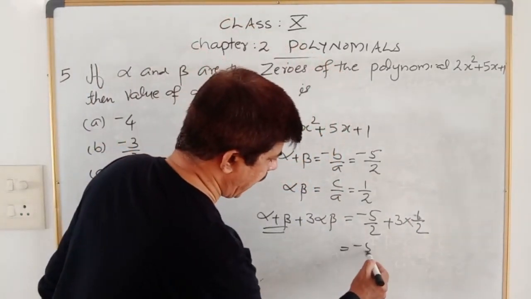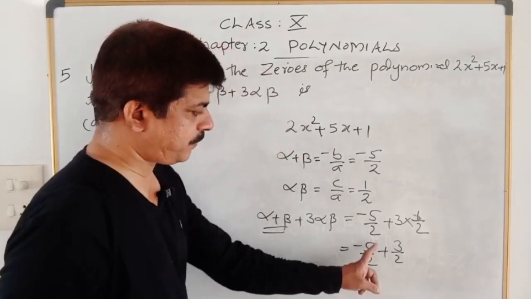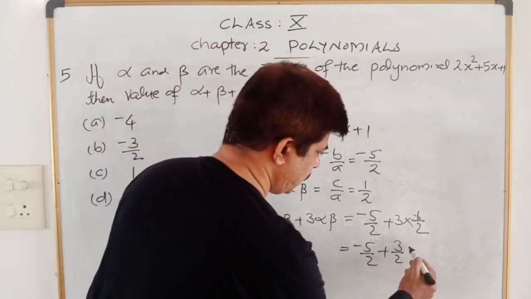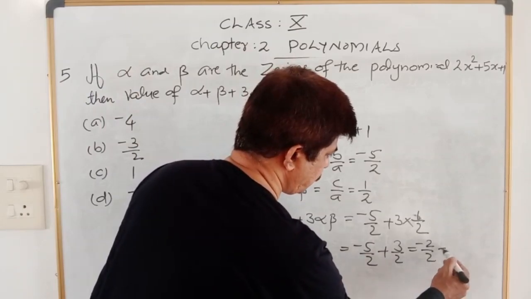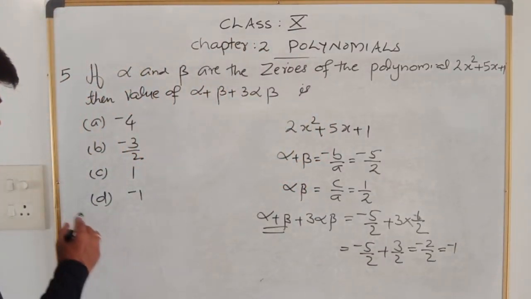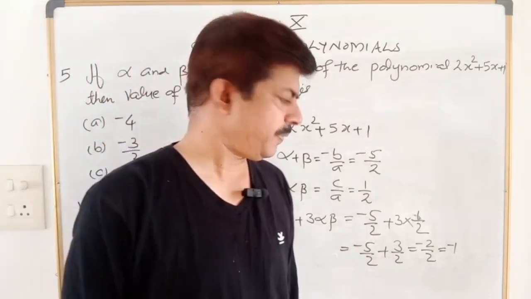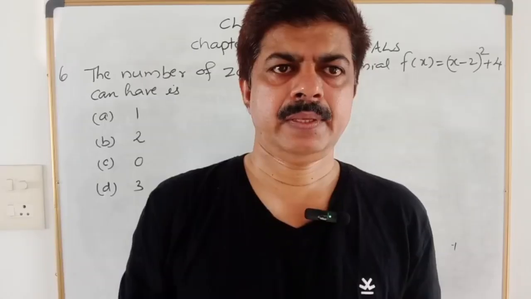So we add negative 5 by 2 and 3 by 2. What is the sum? We have negative 2 by 2. The answer is negative 1. So here we have the answer, option D. Negative 1 is the right answer.